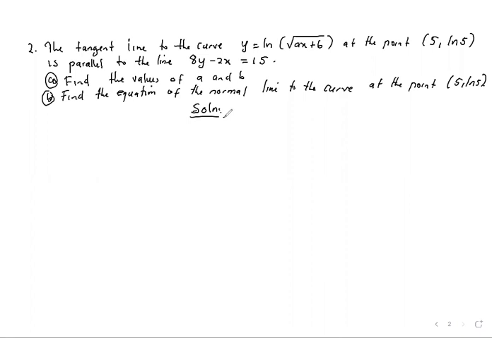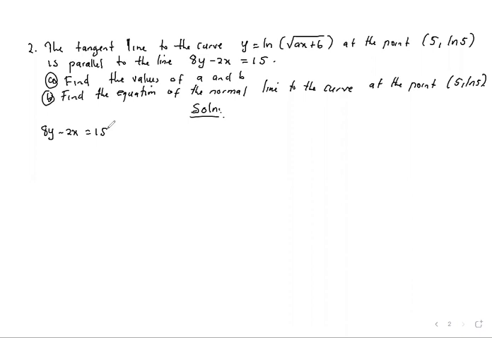So the tangent line to the curve y is equal to ln that at the point 5, ln 5 is parallel to the line given. So let's find the gradient of the line 8y minus 2x is equal to 15.